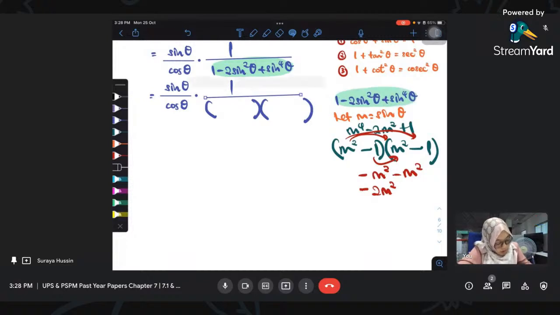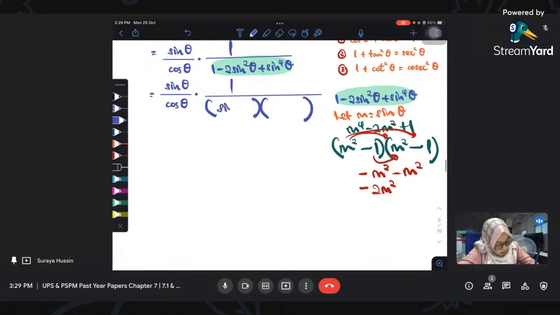And so here goes my sine squared theta minus 1 and sine squared theta minus 1.